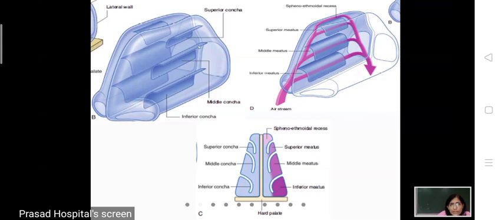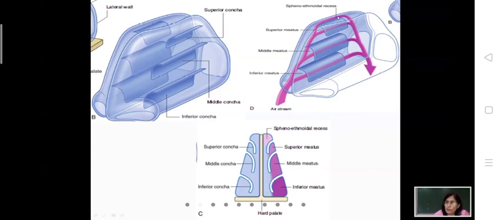These are the conchae of the right nasal cavity, and these are the conchae of the left nasal cavity. Okay. The space seen below and lateral to the concha, shown by this blue purple line, is the meatus. Superior meatus, middle meatus, inferior meatus.